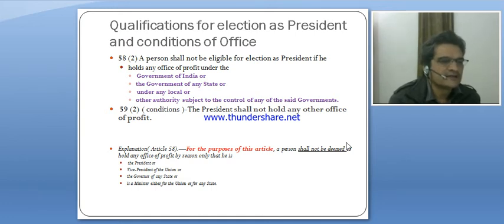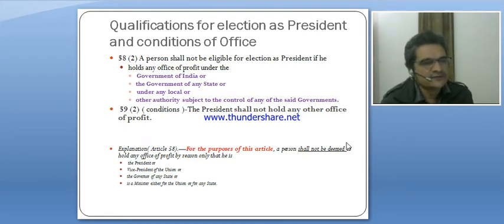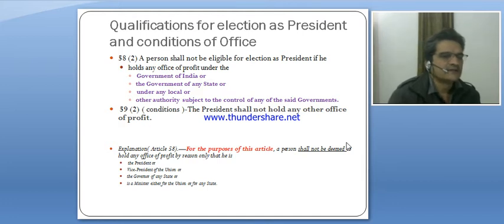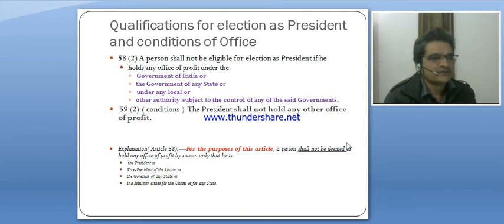Here a clear explanation has been given that certain offices shall not be deemed to be offices of profit. In fact, the explanation in the article clearly says that the office of President, office of Vice President, Governor of any state, and a Minister of the Union or of the state shall not be deemed to be an office of profit.